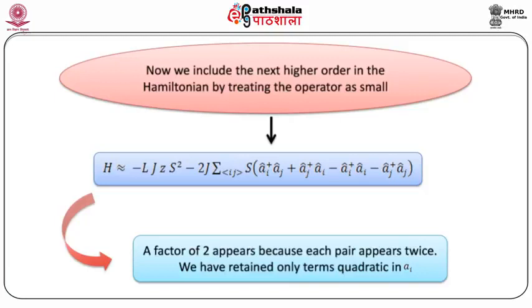If you remove these, you would be taking into account all neighbors, next nearest neighbors and so on. This is multiplied by S, with a term in brackets containing all these Ai and Aj. A factor of 2 appears because each pair appears twice. The first part of the Hamiltonian is the ground state, which we have already calculated. Now we go beyond the ground state to the next order.